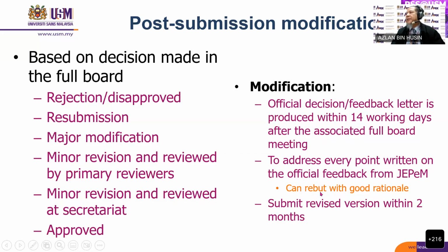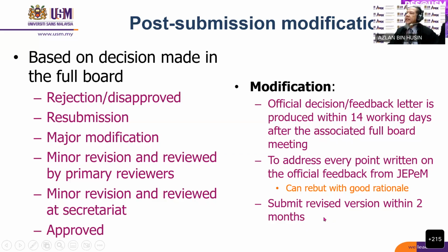Normally, the official feedback on this decision, we provide within 14 working days, because we need to go through each and every minute that is discussed, so that the researcher will get the detailed, itemized issues that were addressed in the meeting.